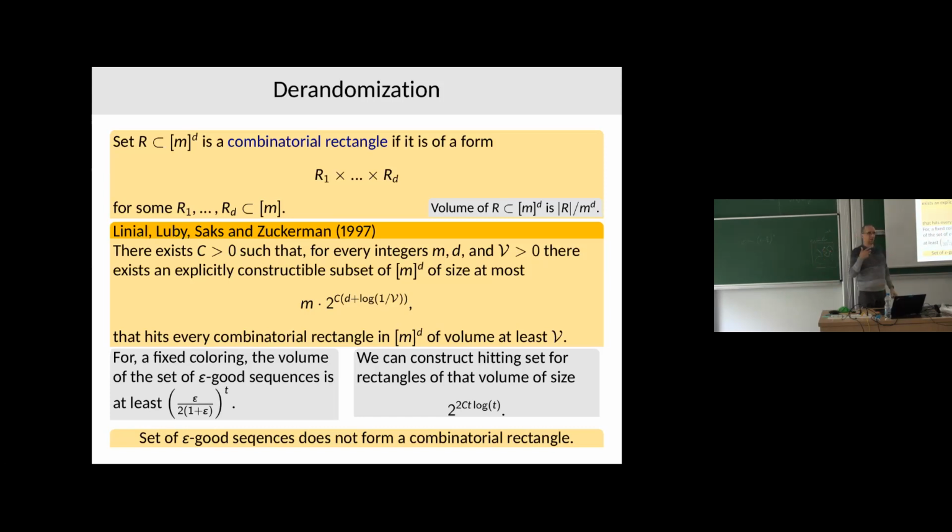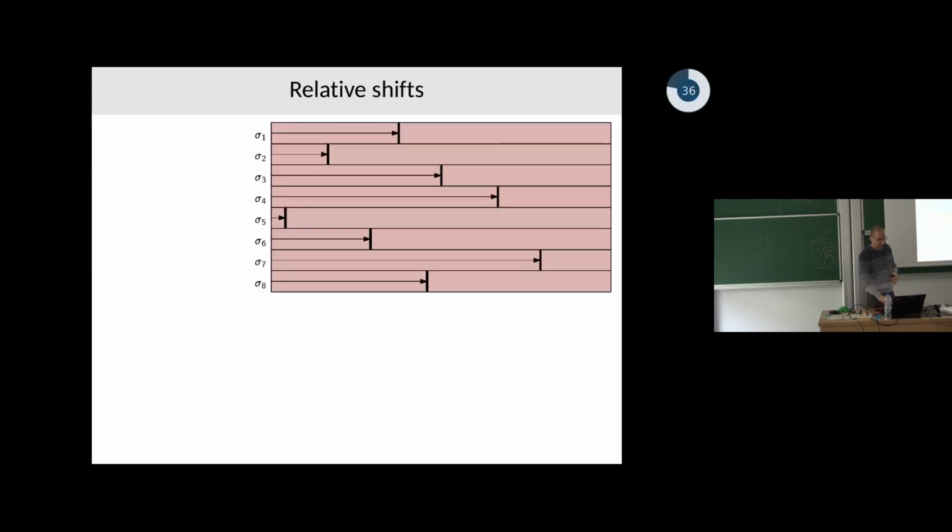I mean, it's crucial in the proof that these are combinatorial rectangles, and for every coordinate you have a specific set of vertices in this expander graph that you want to hit. And if it depends on previous values, it's just thrown apart. So not that easy. No, not that hard. It happens to be easy, but in some other way.